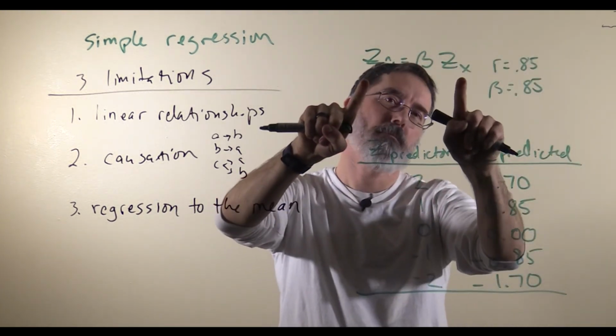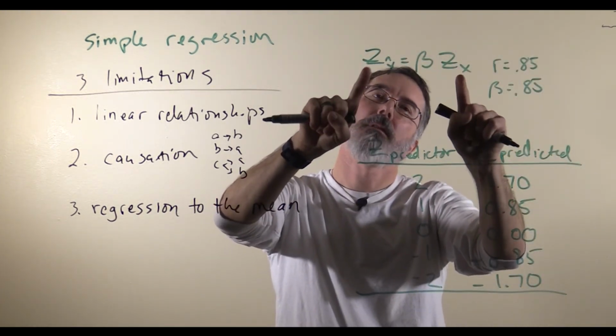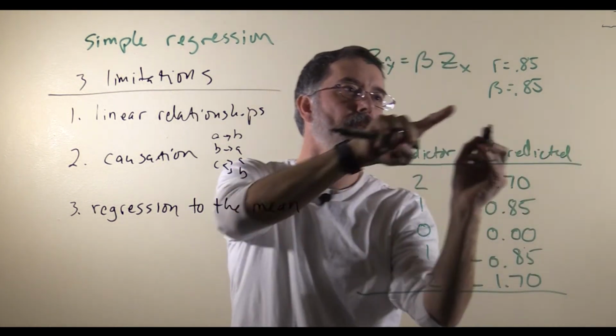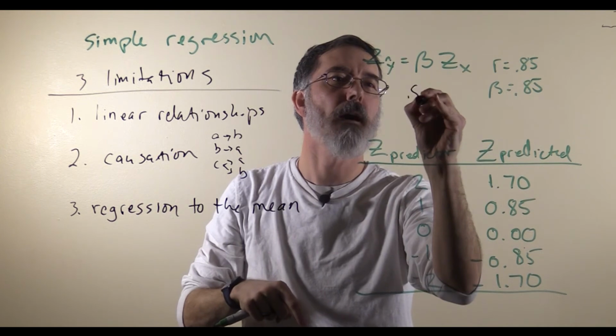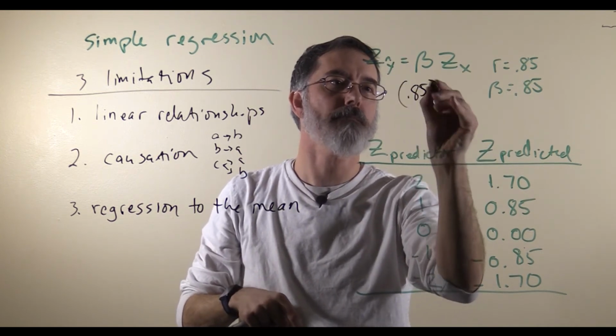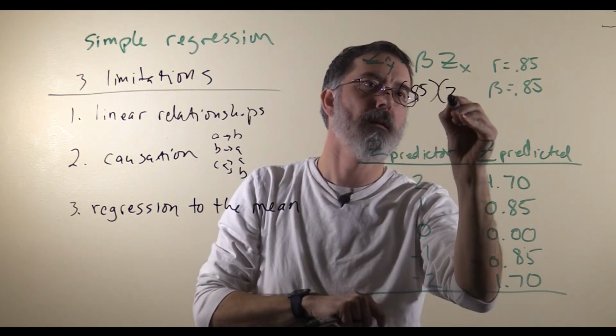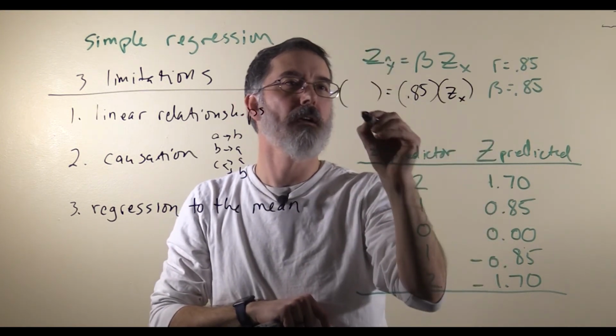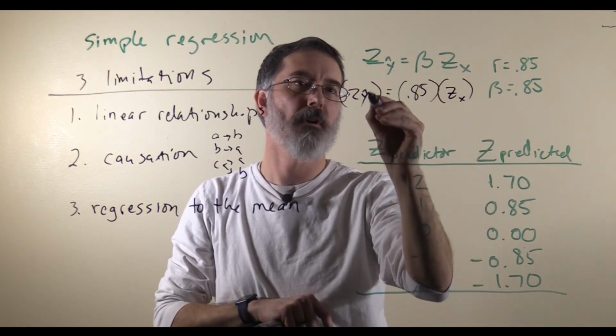And here's the prediction equation for standardized coefficients. So all we're going to do is put our beta 0.85 in here, and then we can plug in whatever we want for our z-score for x, and that'll give us our predicted z-score for y.